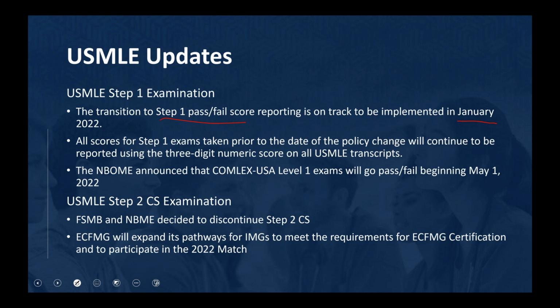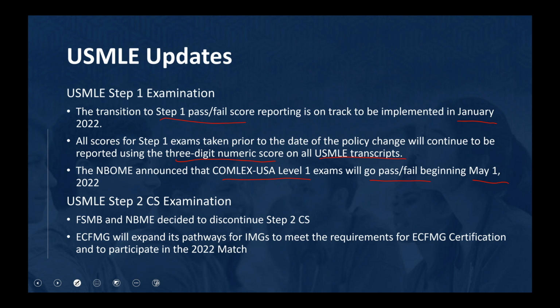One of the most frequent questions we get is what happens to your 3-digit numeric score if you take Step 1 before the pass/fail kicks in. The bottom line is it continues to be reported on your USMLE transcript going forward. And then the last update related to Step 1 is actually COMLEX Level 1. Not surprisingly, that exam will go pass/fail also in 2022, but they're scheduling it for mid-2022.